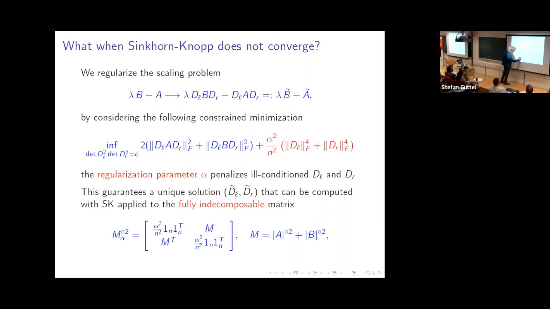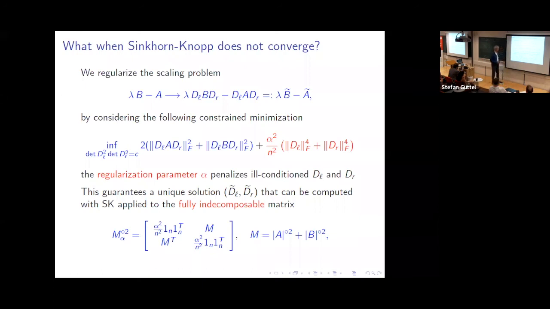This is 1 times 1 transpose, so it's all ones, completely dense. Because these two diagonal blocks are dense, you can show that the conditions of Sinkhorn-Knopp, which are full indecomposability and total support, are always satisfied. This is a graph problem, and because of these two dense blocks, this is always possible.